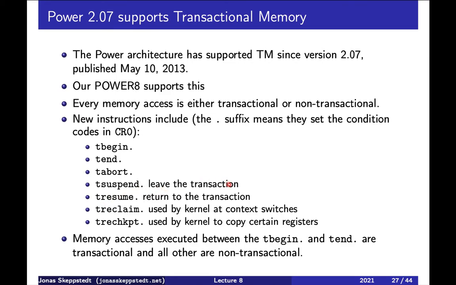They leave and return to the most recent transaction. We will see later why they can be useful. These two we will not talk about because we don't have to consider them when writing application code.